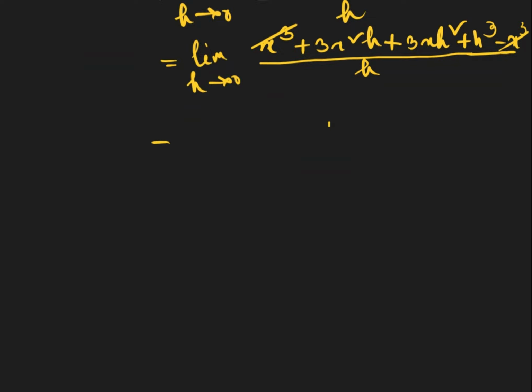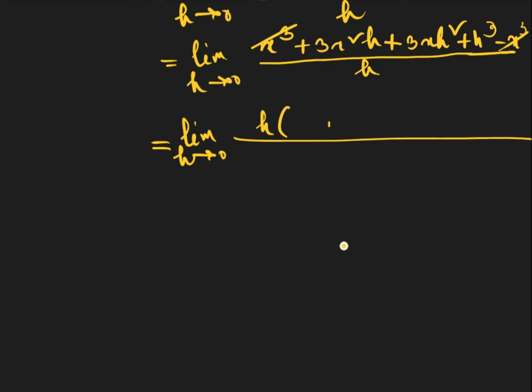So the following line will be, of course, limit h tends to 0, 1 by h, and at the numerator h is common in every term, so let's take h as a common part from each of the terms. So this is 3 x square plus 3 x h plus h square, and here h. Why?